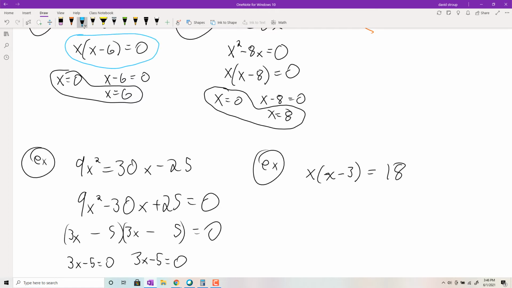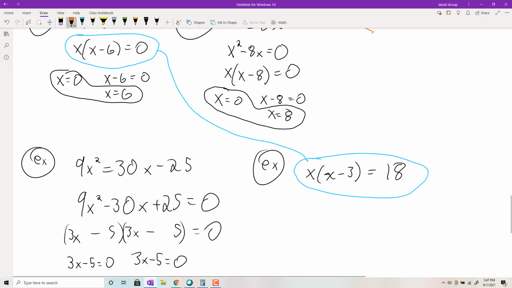It looks similar, but there's a big difference, isn't there? The big difference is that 18 on the right. And that is a troublemaker. That throws a wrench into the machinery. That sabotages everything. You can't just ignore that fact. You have to do some work.